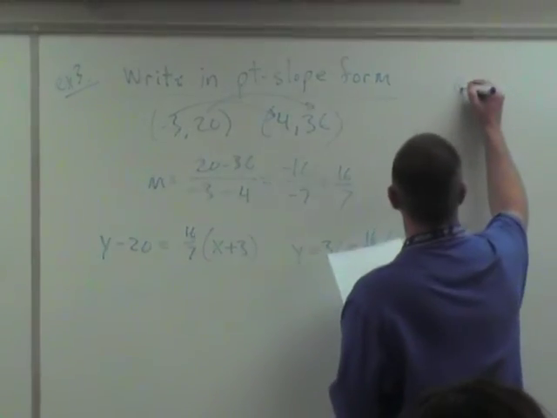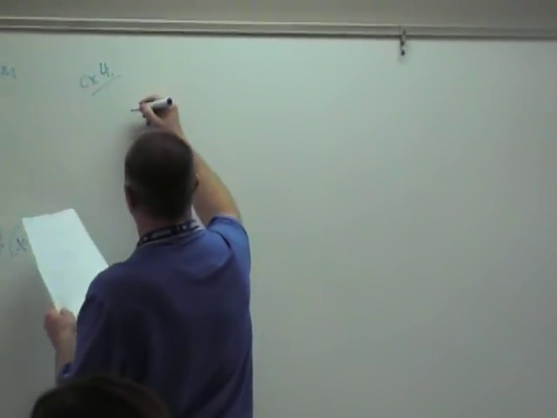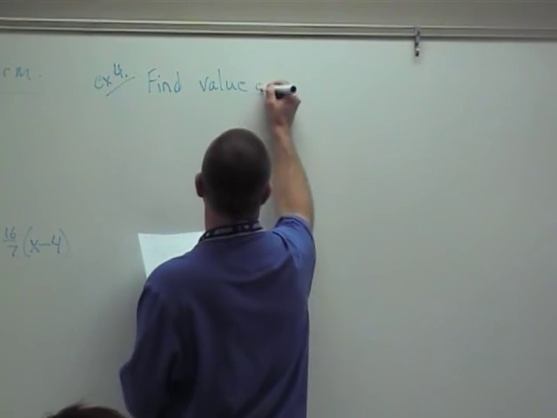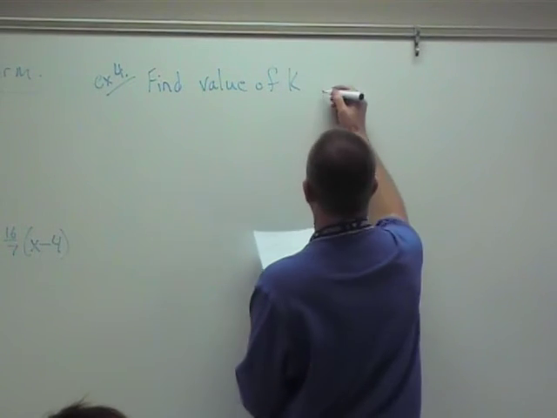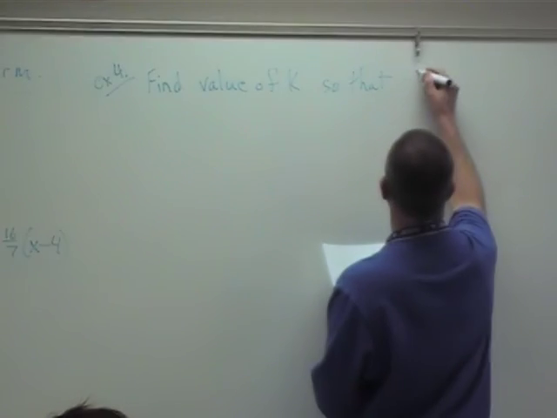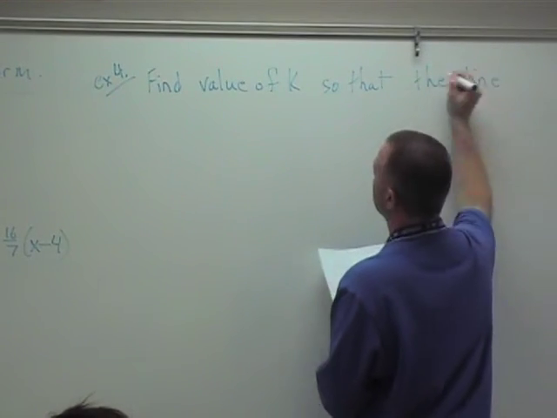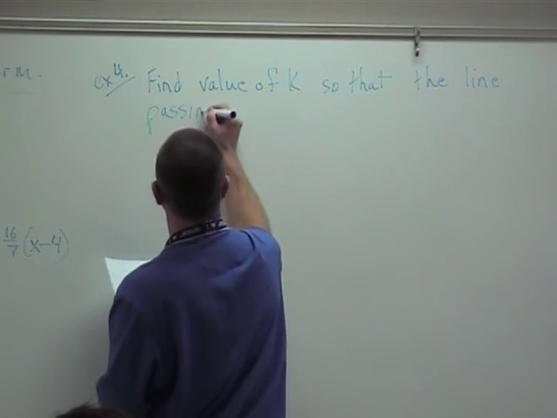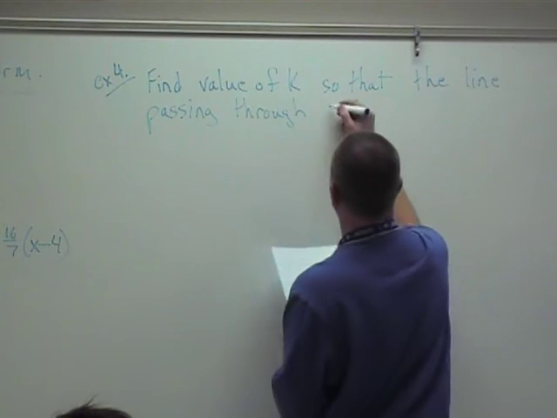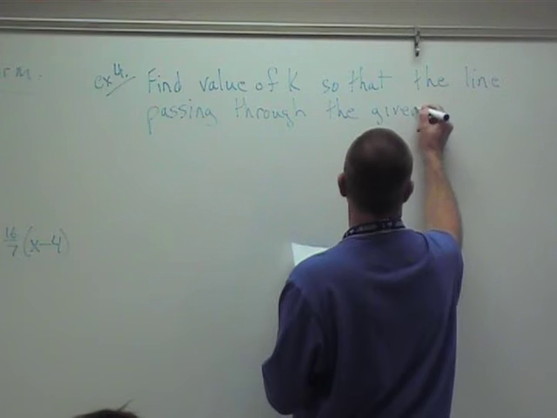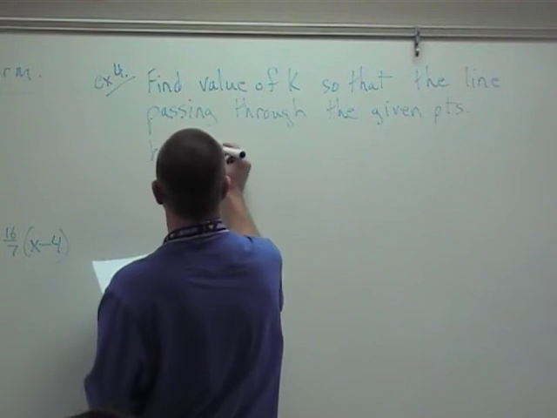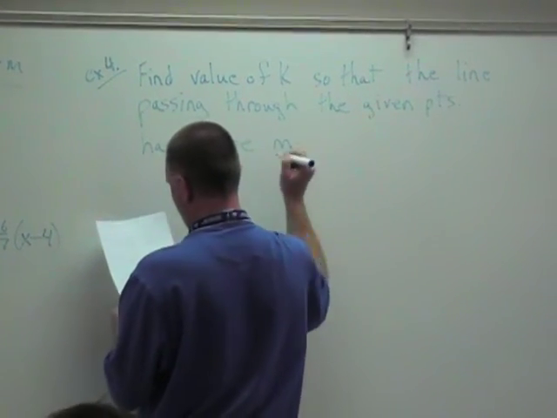All right, example 4, last one. A lot of writing here. Find the value of k so that the line passing through the given points has slope n.